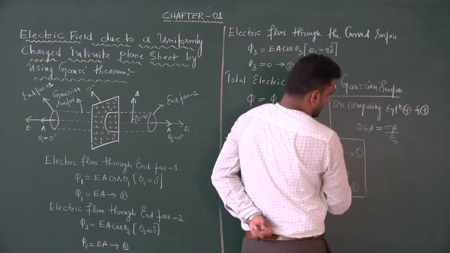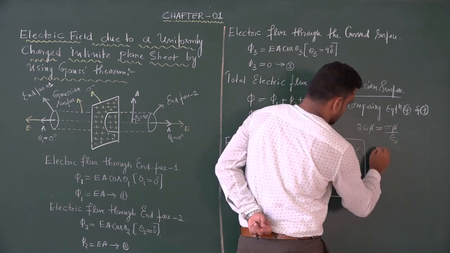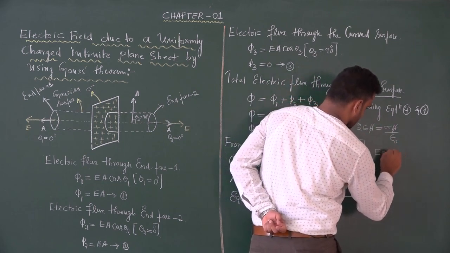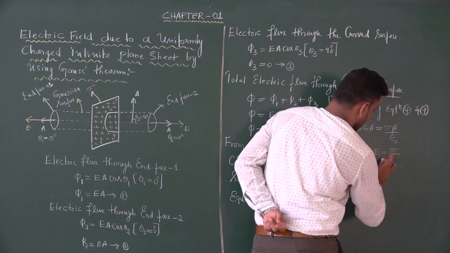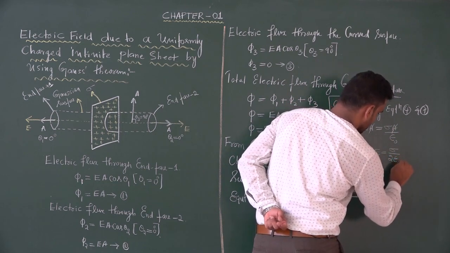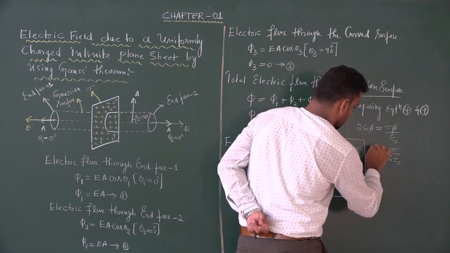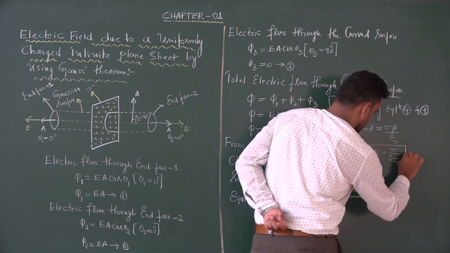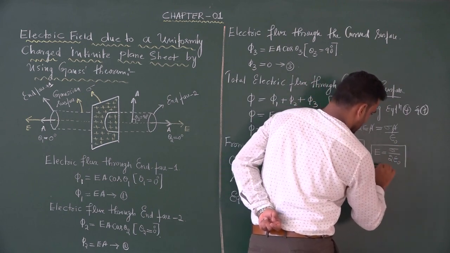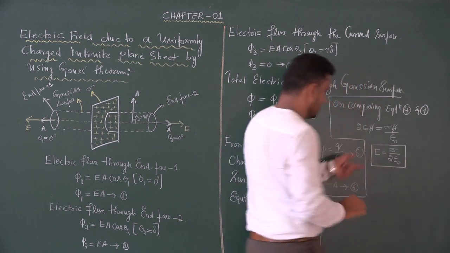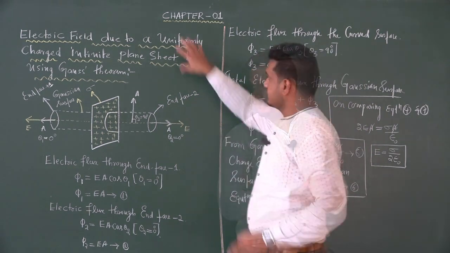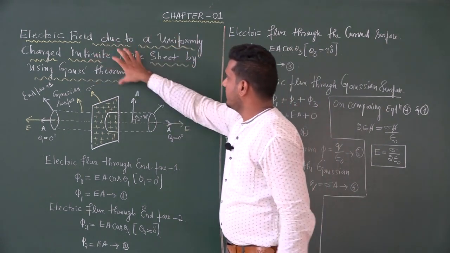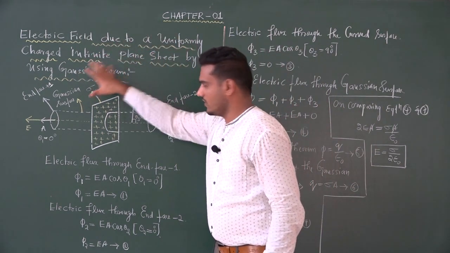I am taking 2 to the right hand side, so 2 will come to the denominator. So E is equal to sigma divided by 2 epsilon naught. This is the magnitude of the electric field in case of a uniformly charged infinite plane sheet by using Gauss theorem.